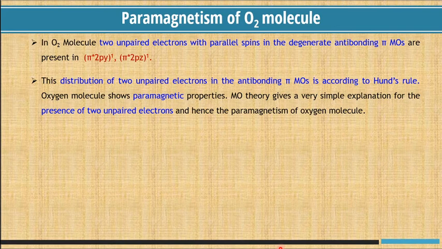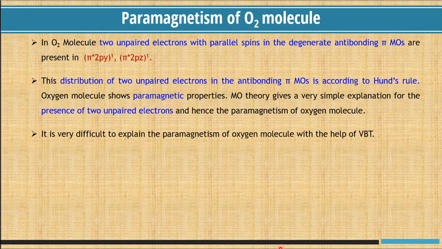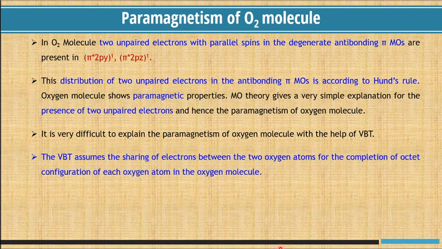The molecular orbital theory gives a very simple explanation for the presence of 2 unpaired electrons and hence the paramagnetism of the oxygen molecule. Oxygen is paramagnetic due to the presence of 2 unpaired electrons in the antibonding pi molecular orbitals. It is very difficult to explain the paramagnetism of the oxygen molecule with the help of valence bond theory.